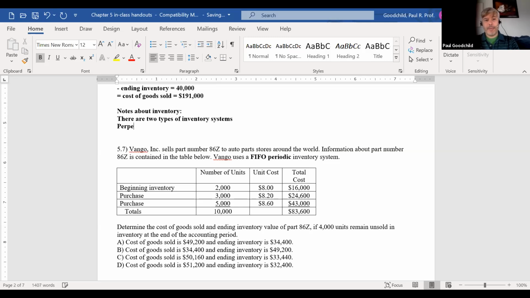And the first one is perpetual, which you can think of as kind of computerized, but really transactions in inventory are recorded when the transaction occurs.